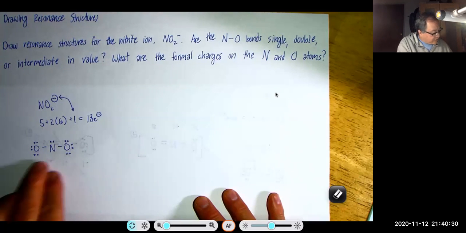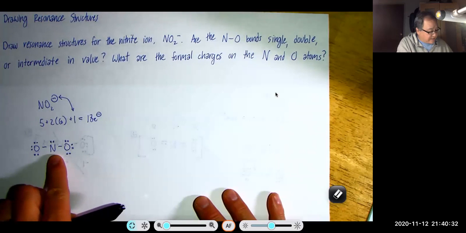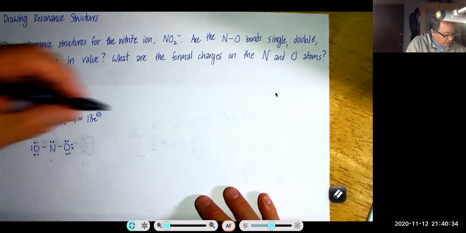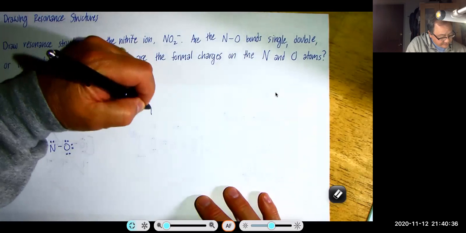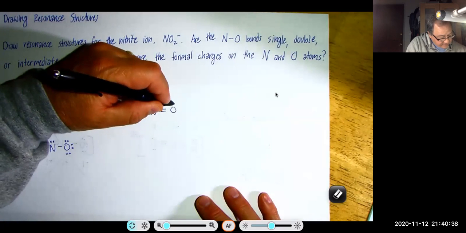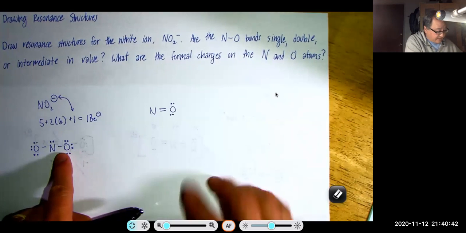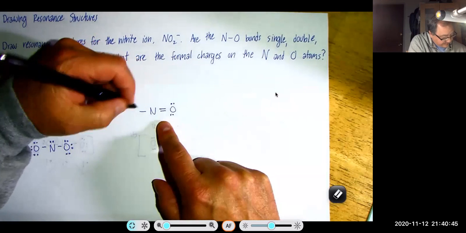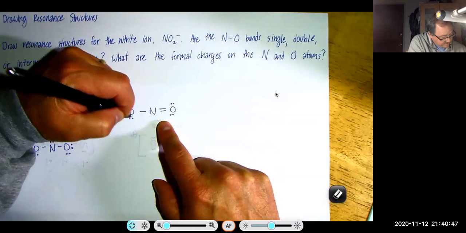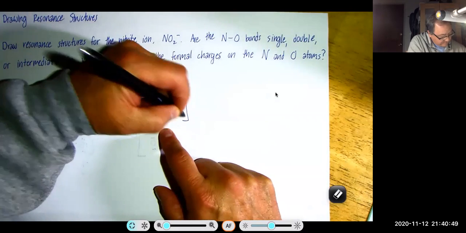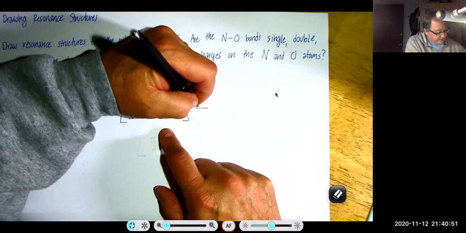So now when we take a look, nitrogen does not have an octet. What are the options? One option is to take a lone pair from that oxygen and make it a bond, like I've done there. But what's the other option?